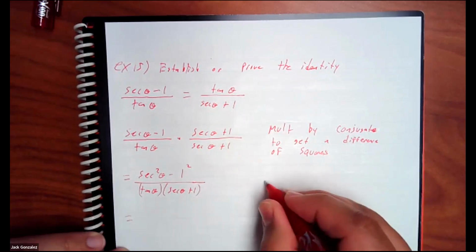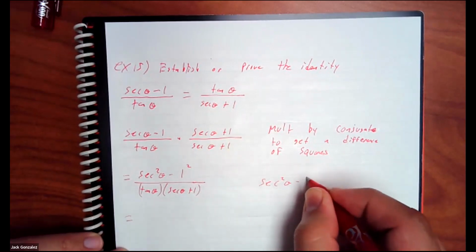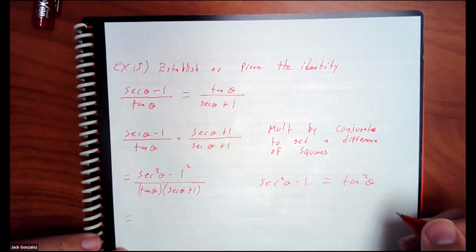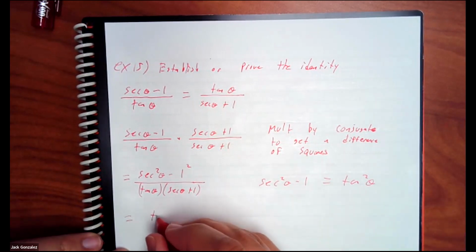Now, at that point, you need to know that secant squared theta minus 1 is equal to tangent squared. So replace that with tangent squared.